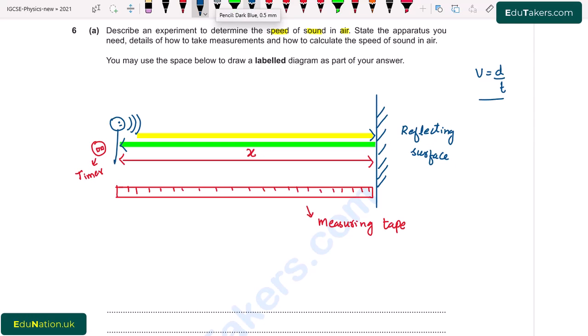So we have to follow different steps, and the distance between the observer and the reflecting surface is x. But the sound wave covers double the distance of x, because first of all it is reflecting and then it comes back. So here distance d will be equal to 2x, and time we measure with the help of the timer.